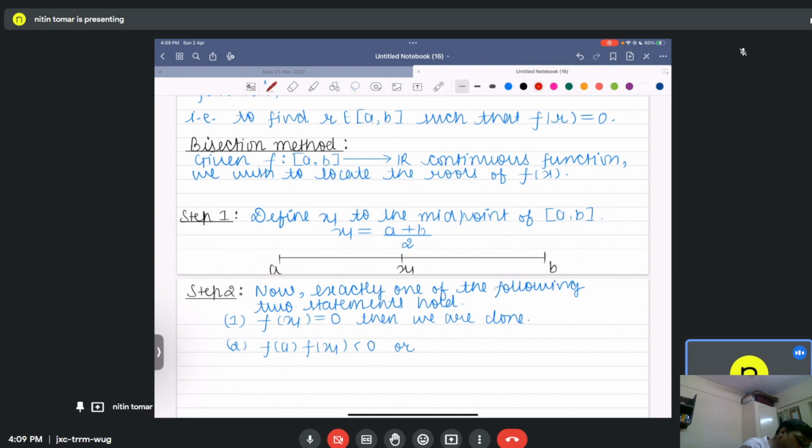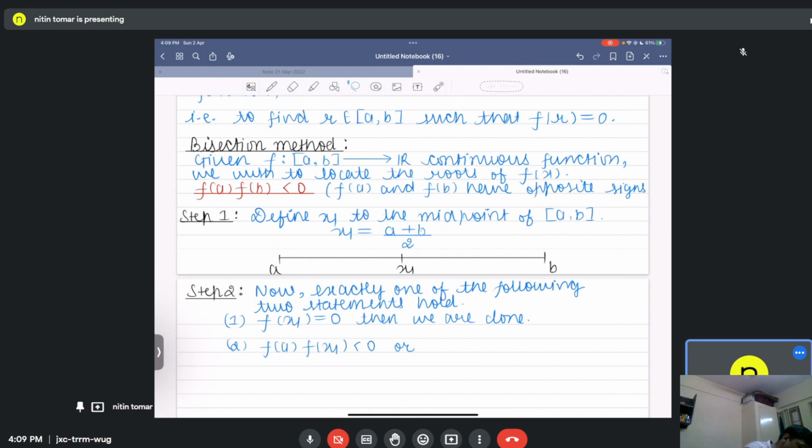There is one additional assumption: f(a) times f(b) is negative. So what does it mean? It means that f(a) and f(b) have opposite signs.